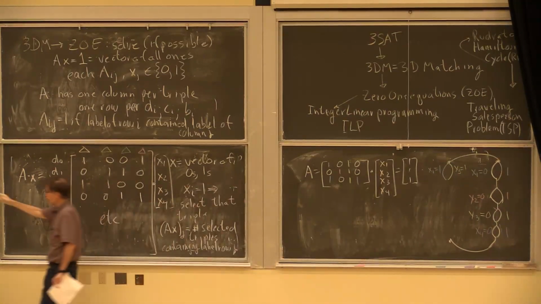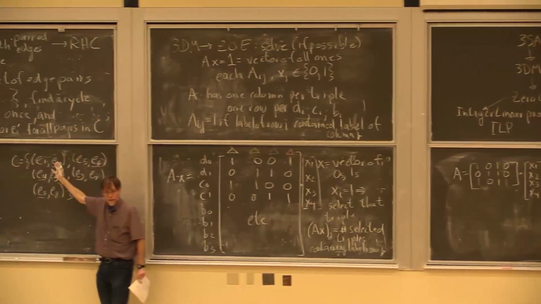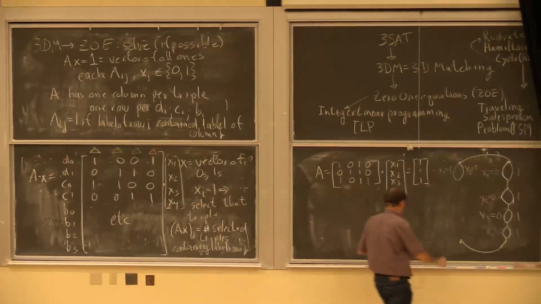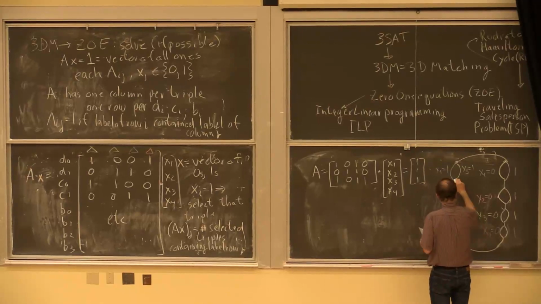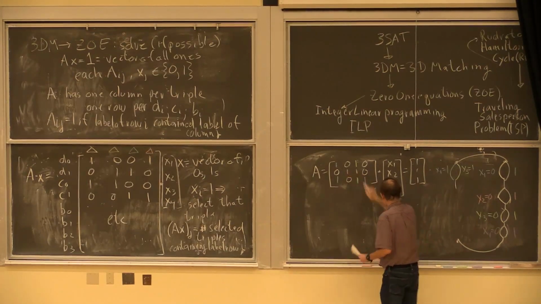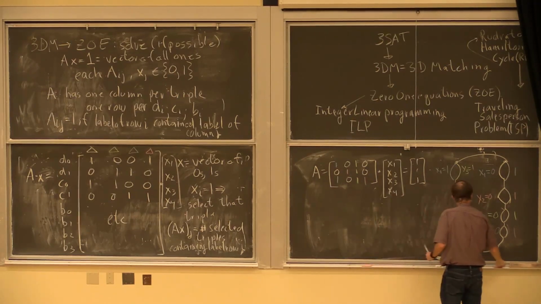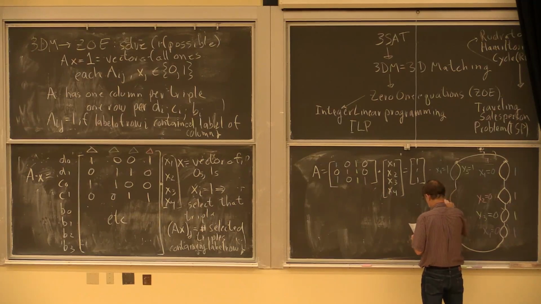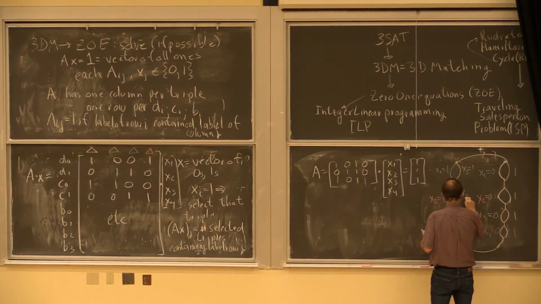It's going to be picking the right set C. This is going to make sure I make consistent choices on the left and the right. Now, how about the second equation? I can either pick x2 equals 1 or x3 equals 1. So let me draw that. Or I can pick x3 equals 1.